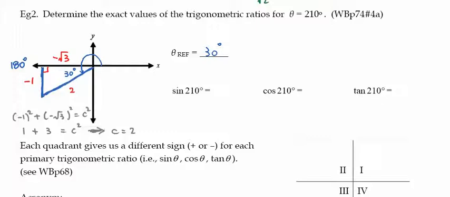So now using the reference angle, 30 degrees, we can now calculate the sine ratio for 210 degrees. Using this triangle, we want opposite over hypotenuse. And in this triangle, I can use this angle instead of 210 to find the ratio between its opposite and the hypotenuse.